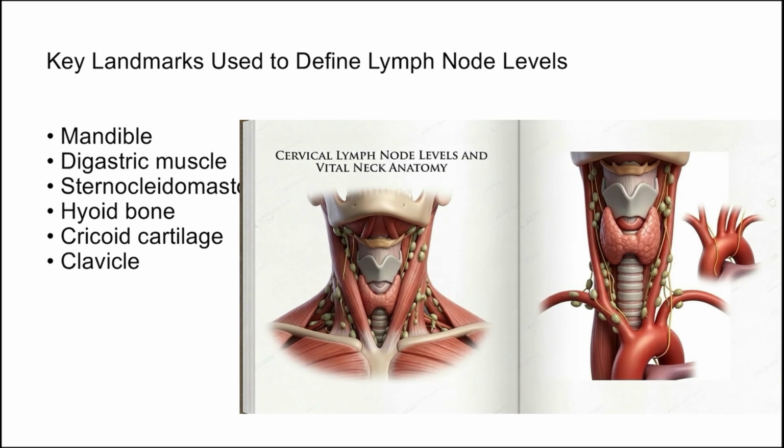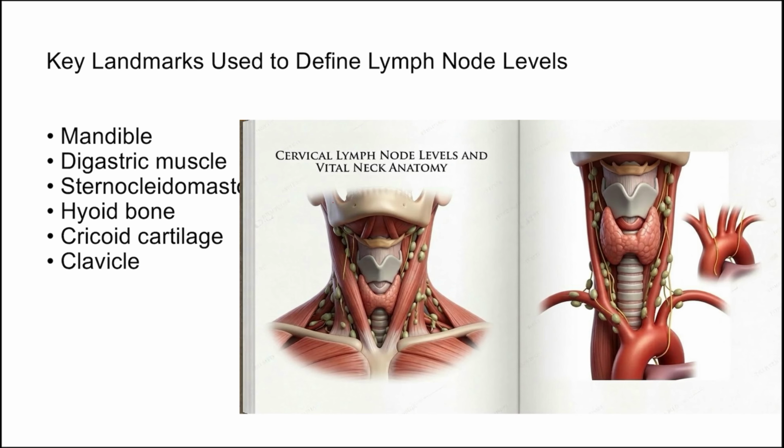It also helps in predicting the pathway of tumor spread, planning neck dissection surgery, and determining the stage of head and neck cancers. The boundaries of cervical lymph node levels are defined using several important anatomical landmarks in the neck.